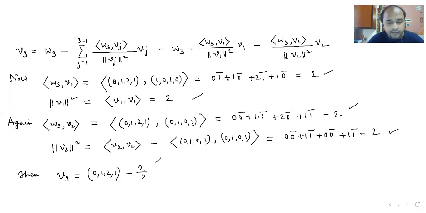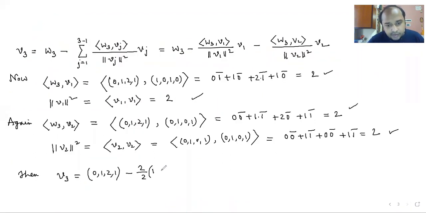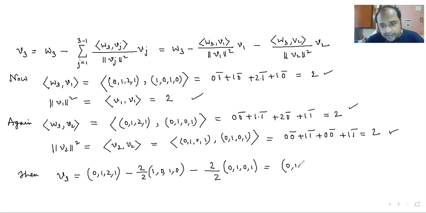And V1 is 1, 0, 1, 0. And what is W3 V2? W3 V2 is 2. What is norm V2 square? It is 2. And V2 is 0, 1, 0, 1. So ultimately, if I calculate this, what do we get?